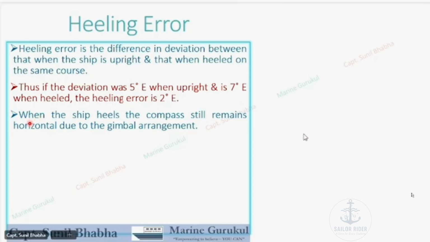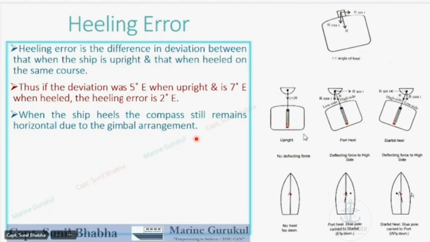Now let us go into the cause of this heeling error. When the ship heels or lists, the compass or the compass card still remains horizontal due to the gimbal arrangement present around the compass. Let us understand it from the diagram. In this diagram you can see the ship is in upright condition. The vessel is upright.